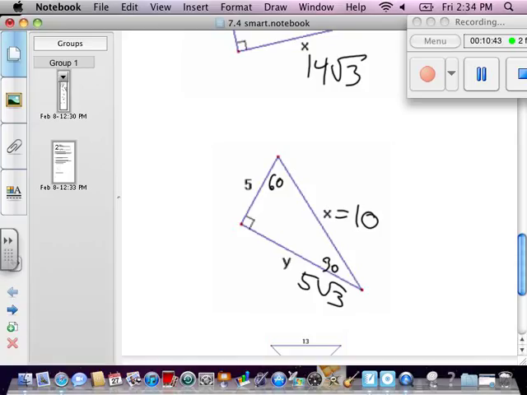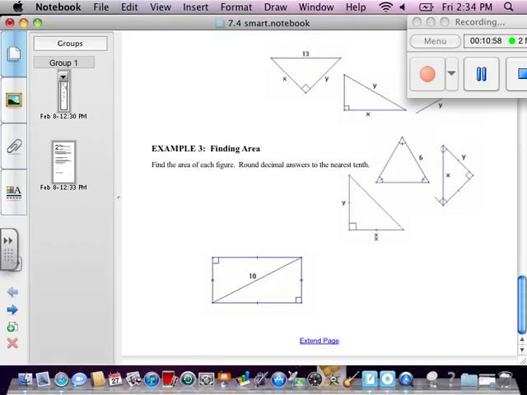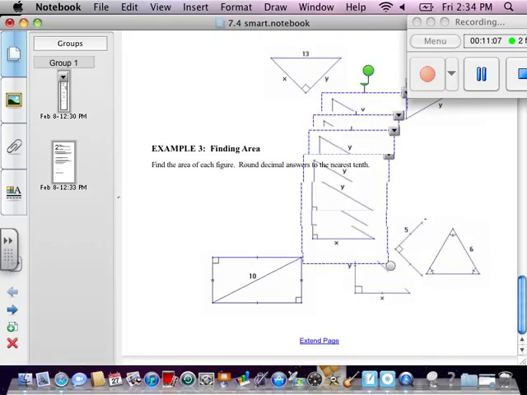Okay, let's do another 30, 60, 90 that looks kind of crazy. Let's do F. All right, which one of these is F? F has a 15 side.